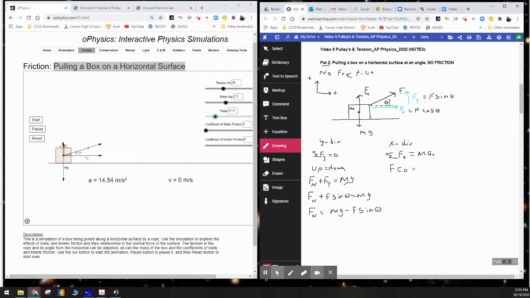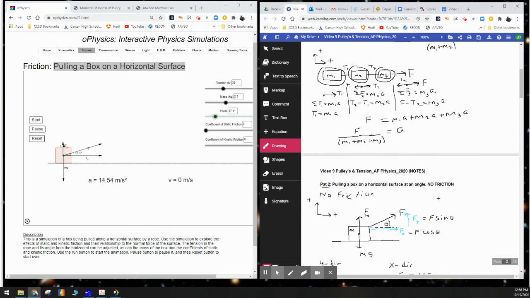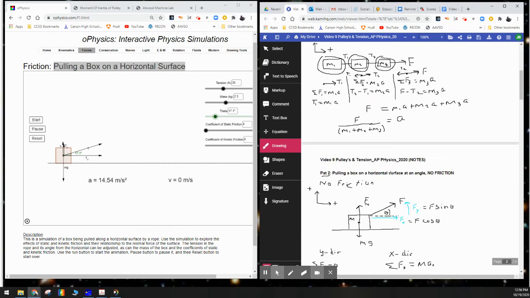F cosine of theta is equal to m ax, like so. So the acceleration in the x direction is going to be F cosine theta divided by m. And that should be consistent with what we had up here.